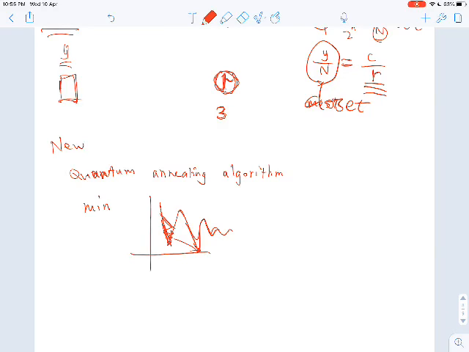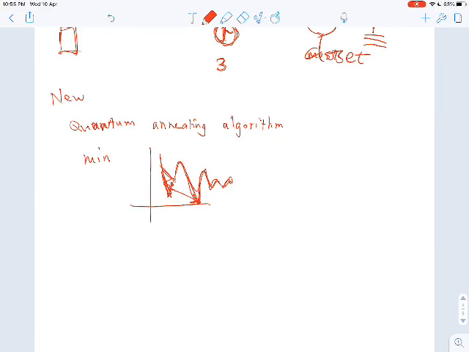And the traditional annealing algorithm uses the thermodynamical principle to make the function find the better minimum. Even in the traditional annealing algorithm, we still have to jump over this gap. Annealing algorithm just helps us to jump this gap.